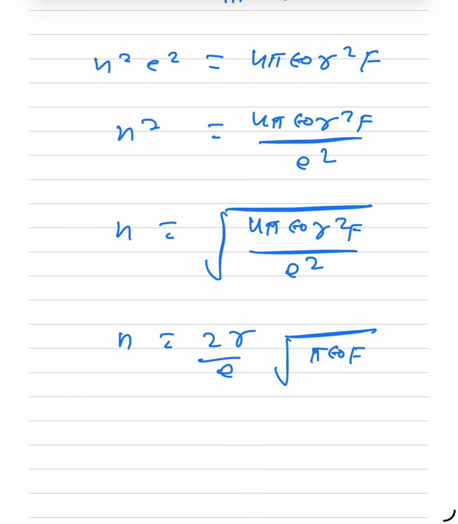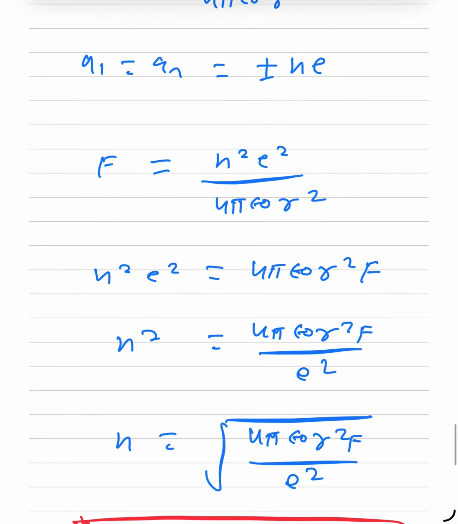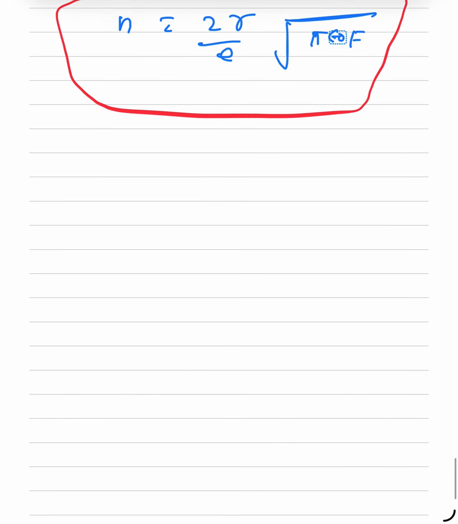This is the transfer number of electrons, from the positively charged body to the negatively charged body. This is a basic concept, right?